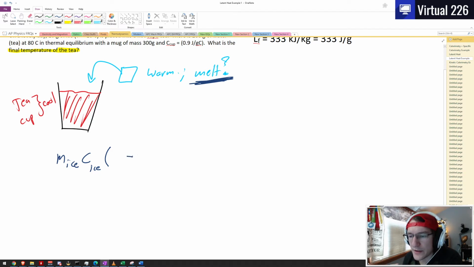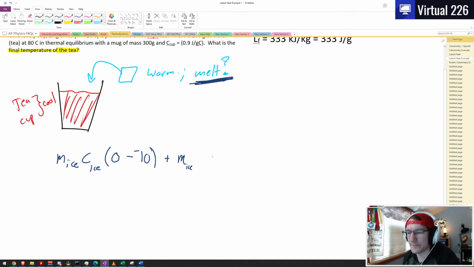So we know that the initial is negative 10 degrees Celsius, but what's the final temperature of the ice cube? Well, we actually know that. We know that once the ice hits 0 degrees, it's not going to heat up anymore. It's going to melt, and it's going to become water. So once this ice becomes water, we're going to have the mass of the ice, because that is the mass of the water, right?